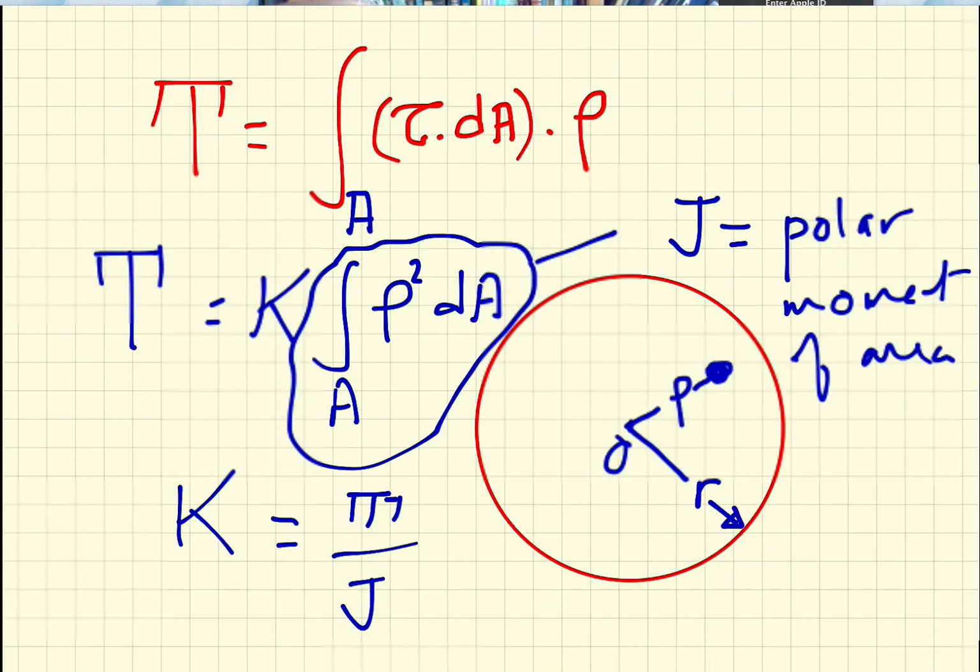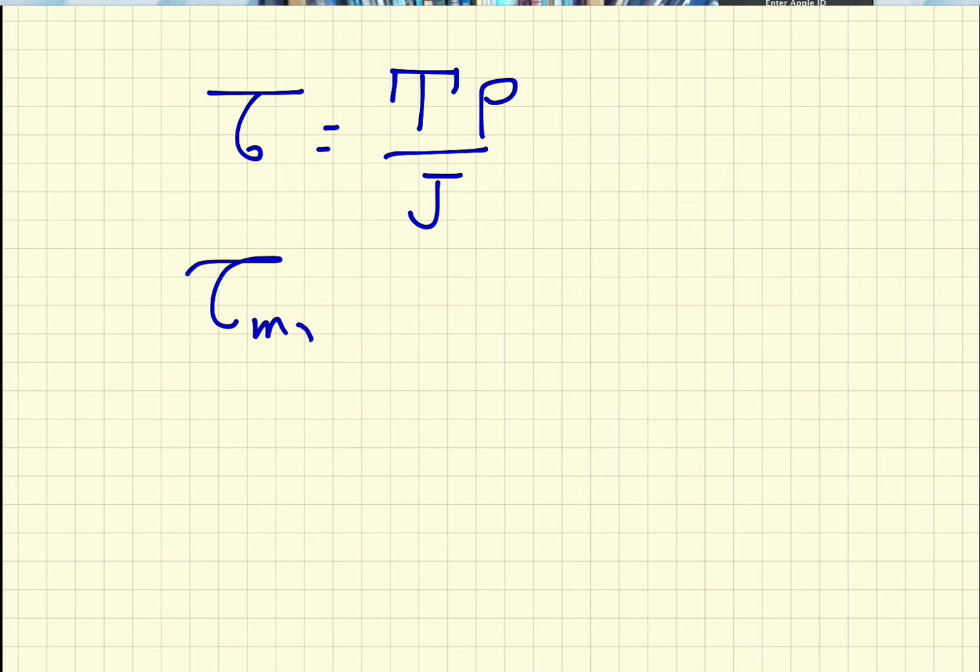So in this case, we conclude that tau is equal to T times rho over J, and this is the tau at any position rho. The maximum value of tau from torsion is when rho is equal to R, and we will get this value.